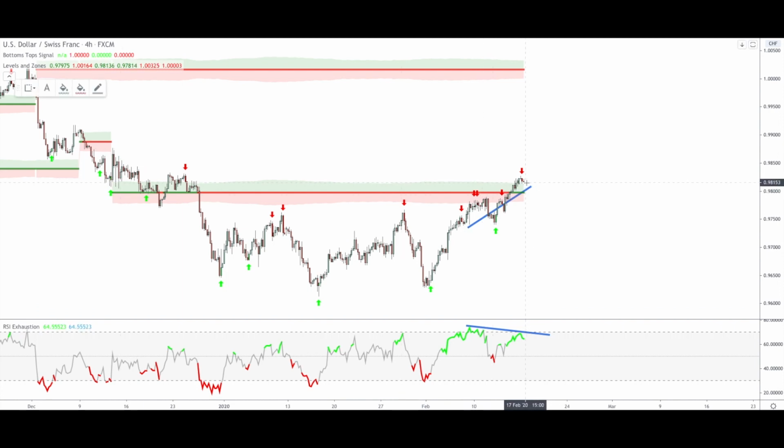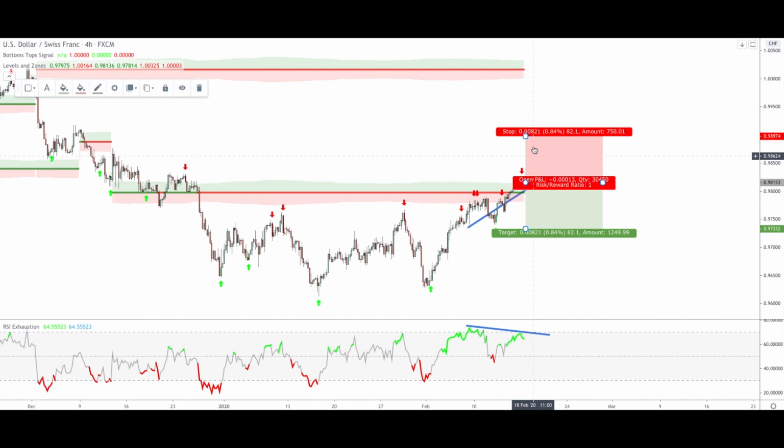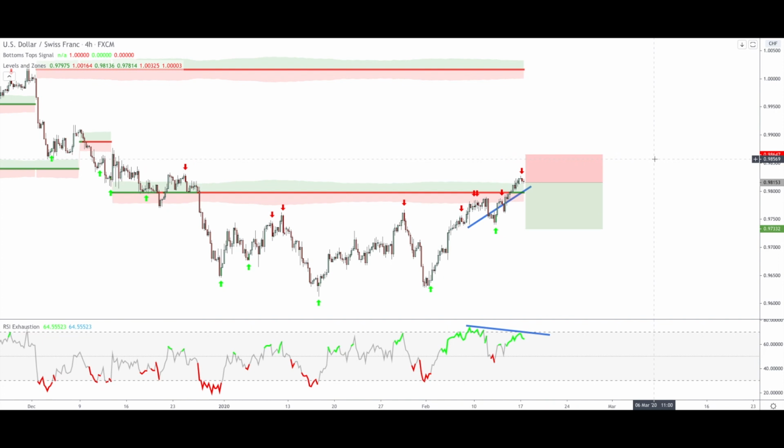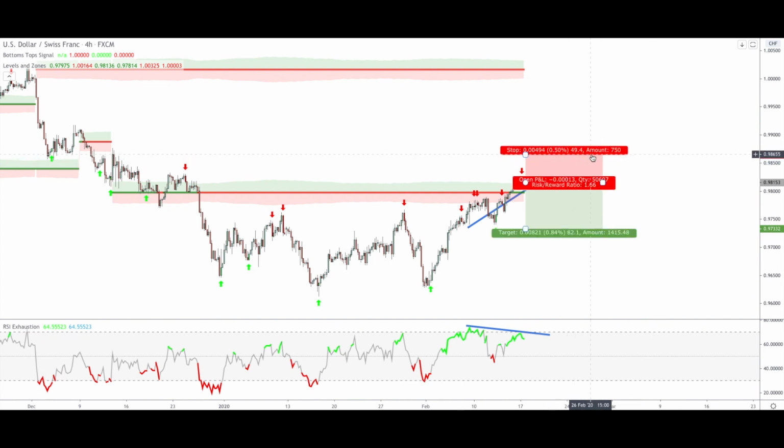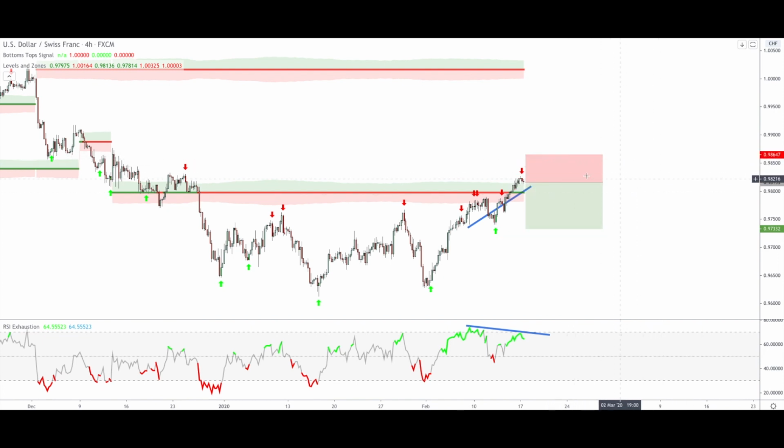For the sake of safety, since this might go higher, I will try to be a little bit generous on the stop loss. So let's see, if I set something like this, let's see if this can work. Yeah, I guess it can work.